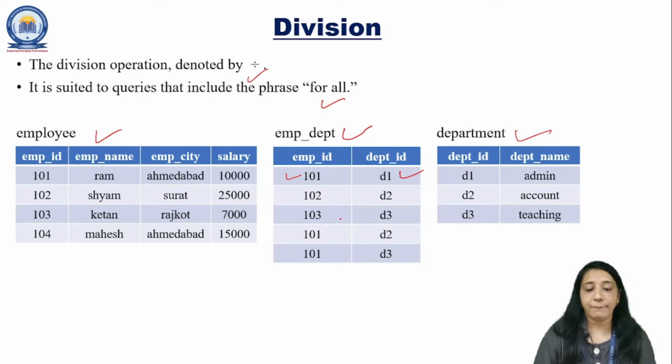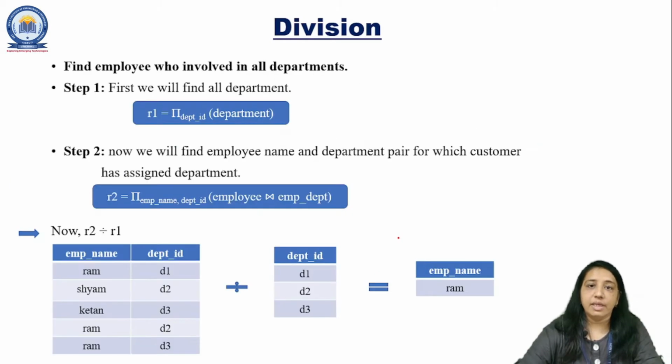Now it may happen that one employee is allocated more than one department. That means he or she is working in more than one department. So that is also possible. Here you can see that 101 will be working in all the departments. So we are going to consider these 3 relations. Now we'll see how the division is going to be done.